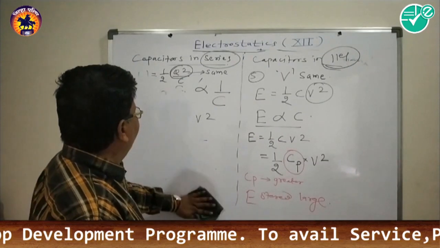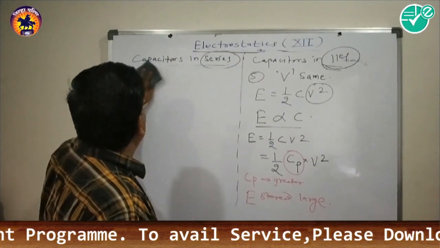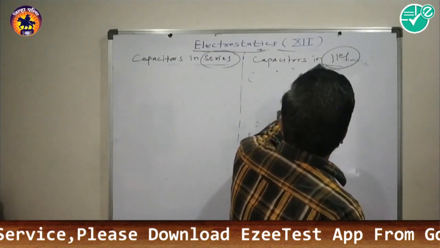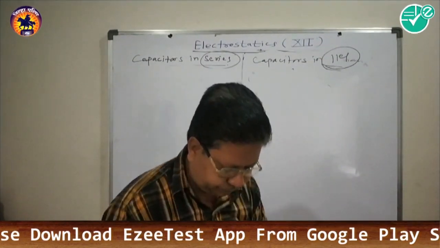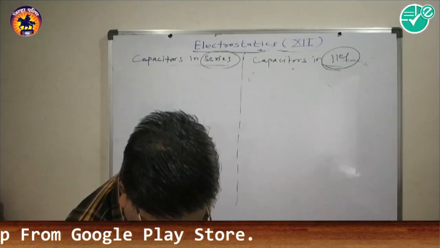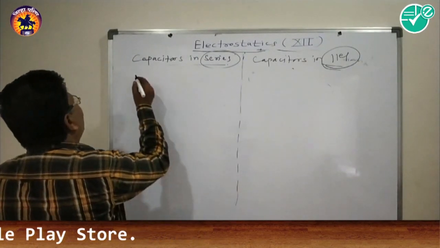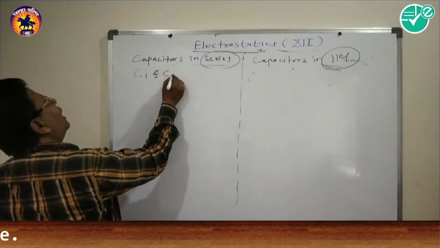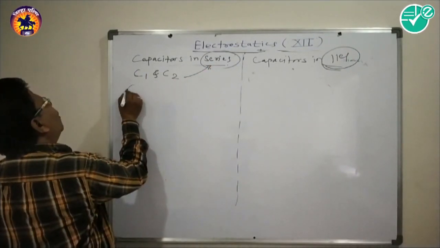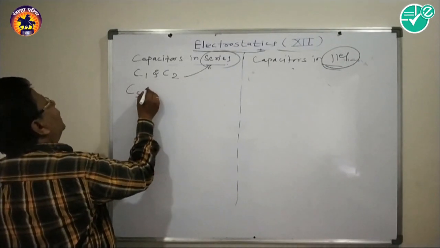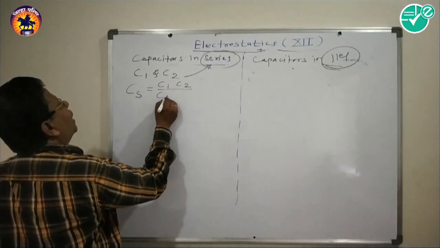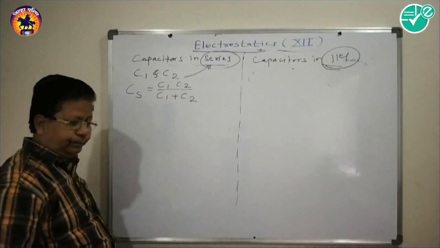And finally we discuss one point regarding the capacitors in series and capacitors in parallel. So in case of capacitors in series, if two capacitors C1 and C2 are connected in series, then we have the equivalent capacitance equal to C1 into C2 divided by C1 plus C2.